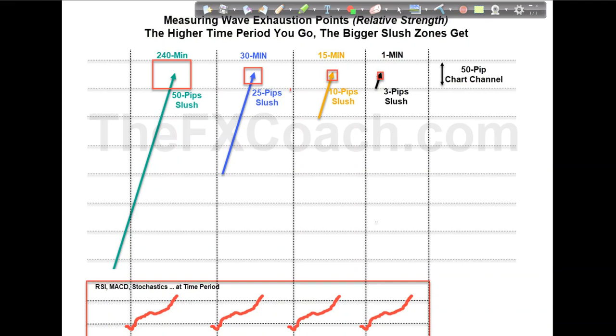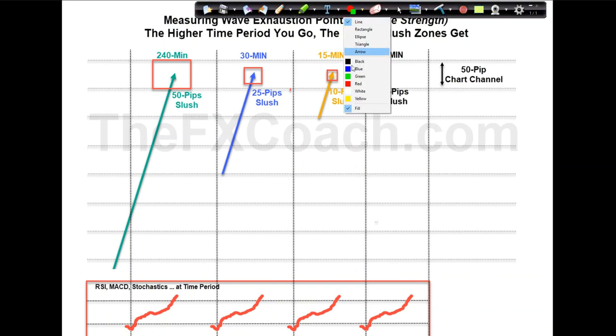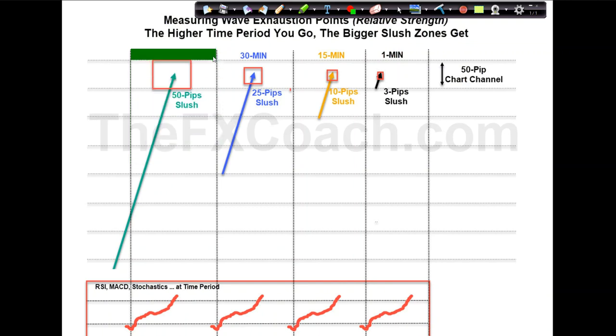Your MACD is like RSI, like stochastics. We're measuring a relative strength. And when we're on a time period, in other words, as I've drawn this here, on a 240 chart, our MACD is a relative indicator.